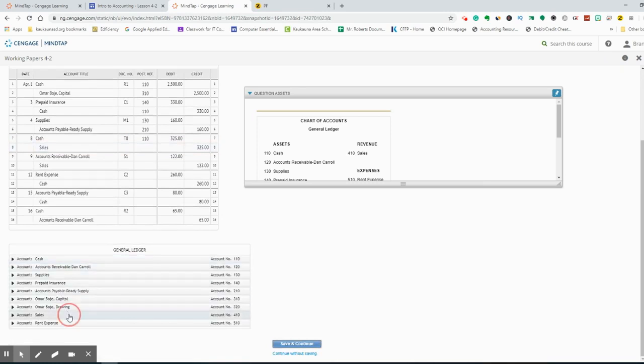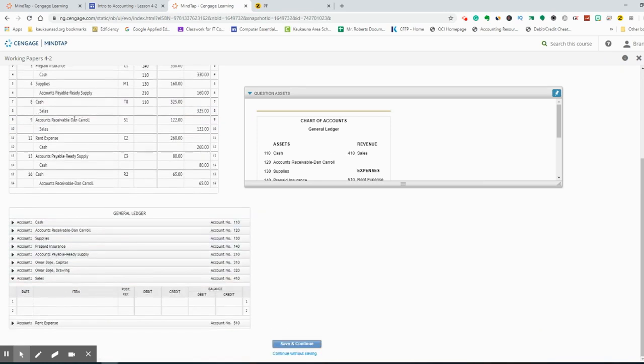Okay, that one's done. Let's move to sales. So sales here is on the 8th. Let's write in the date. Post reference is still G1. 325 in the credit column. And we'll have a balance of 325. Take account number 410, put it in the post reference.